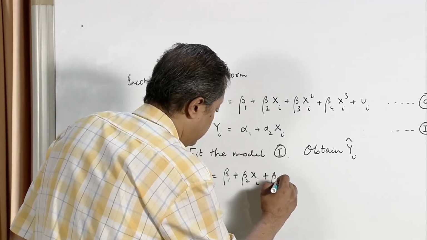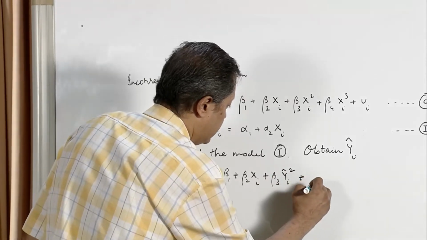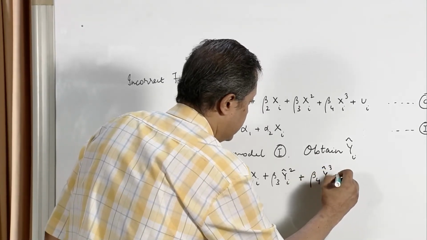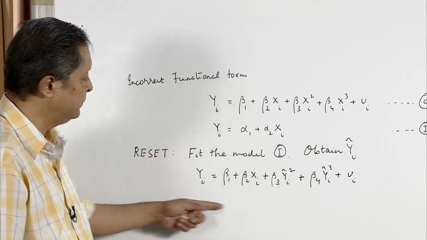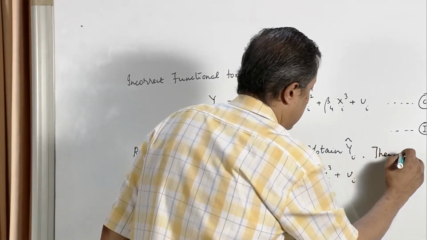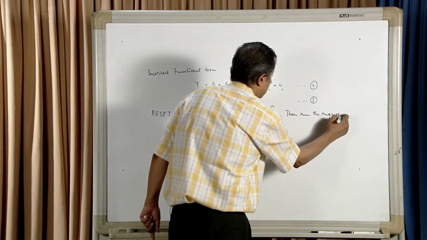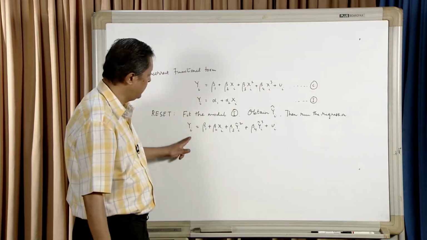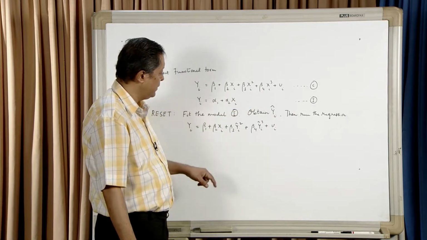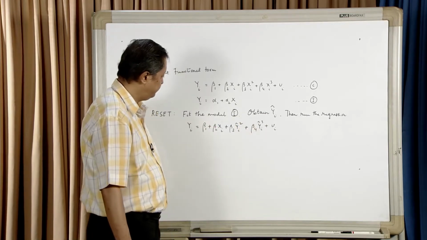So, the rest is beta 3 yi hat square plus beta 4 yi hat cube plus ui. So, that is the regression that we run: yi regressed on variable x, and for the incorrect specification part we take the estimated yi, the square of that and the cube of that.